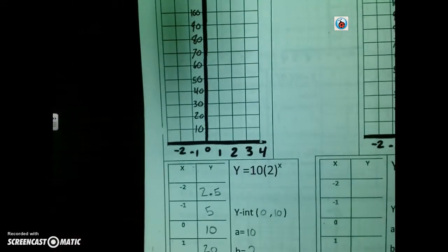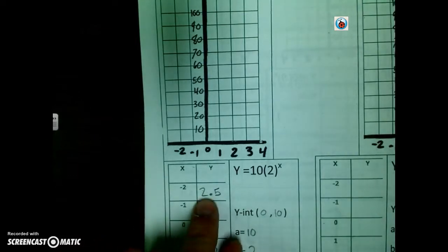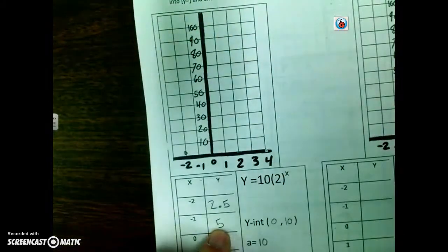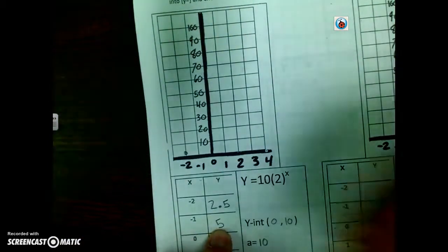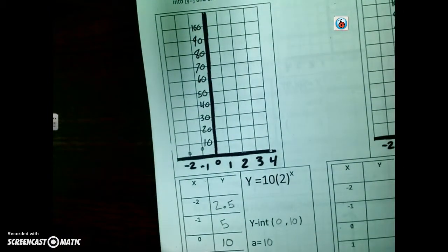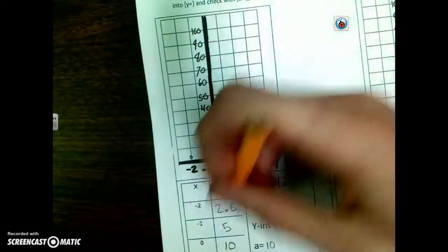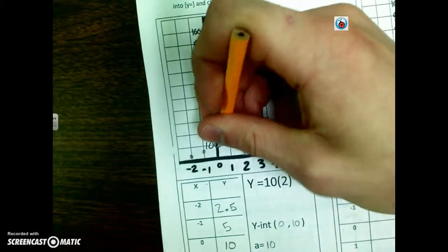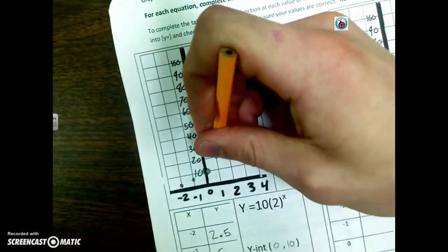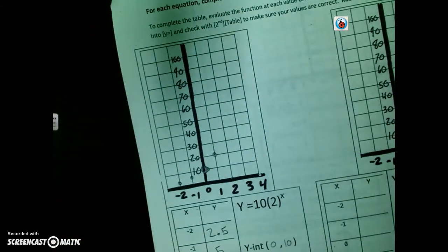All right, and then we go and get these points plotted. So at -2, we're at 2.5. At -1, we're at 5. At 0, for our y-intercept, we're at 10. At 1, we're at 20. At 2, we're at 40.